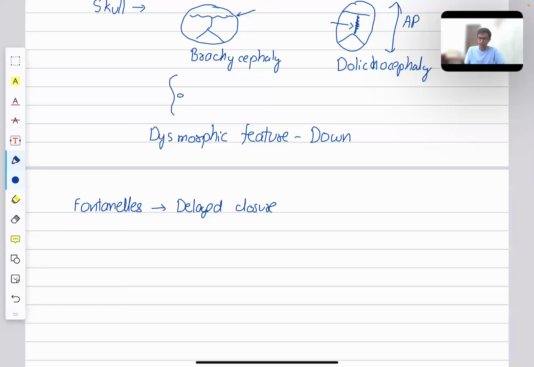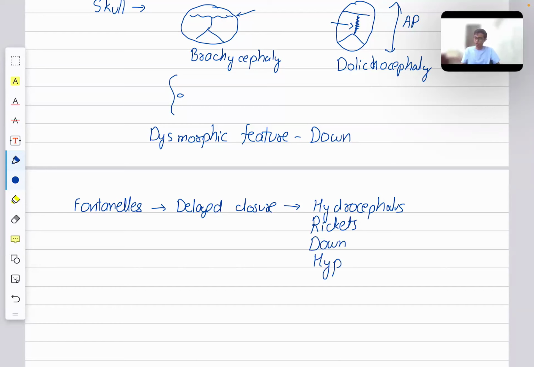As we saw, the anterior fontanelle closes by 18 months and the posterior closes by 6 to 8 weeks. So what are the conditions where there would be delayed closure? It is seen in hydrocephalus, rickets, Down syndrome, and hypothyroidism.